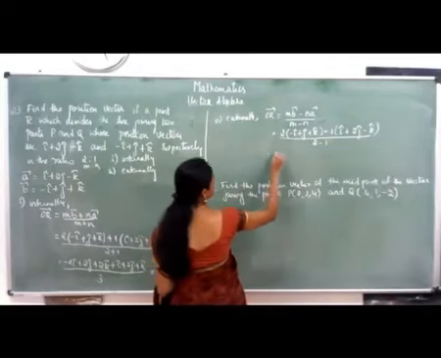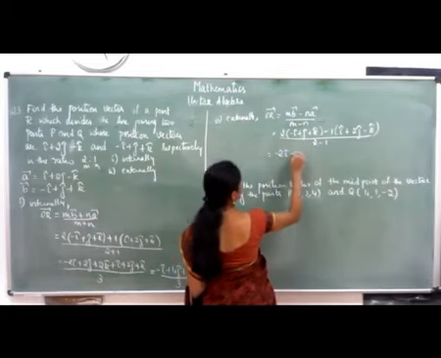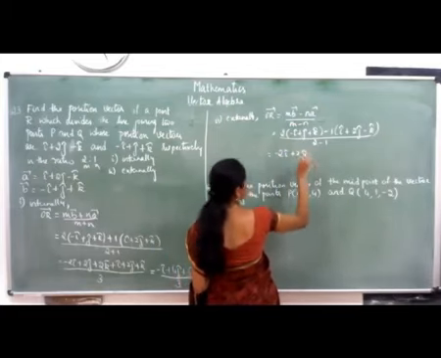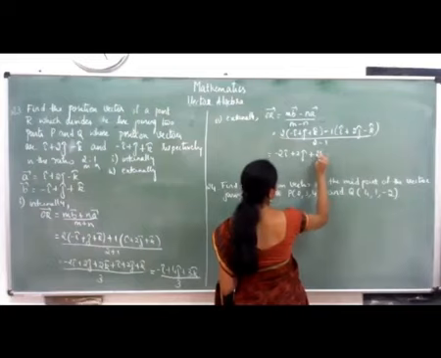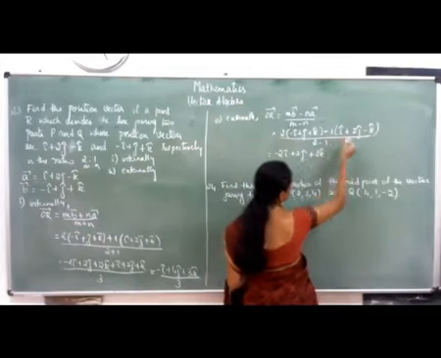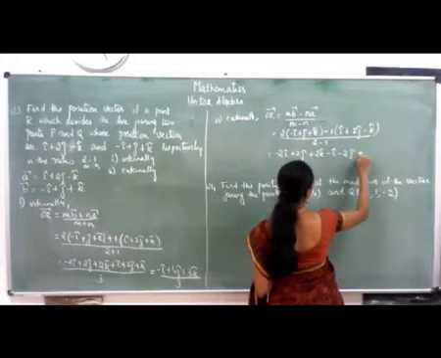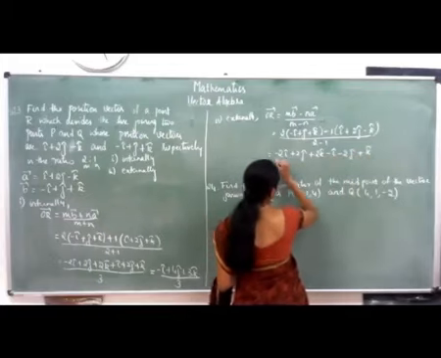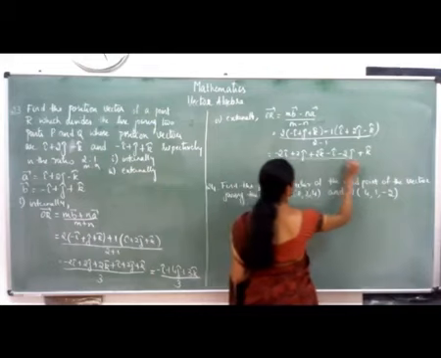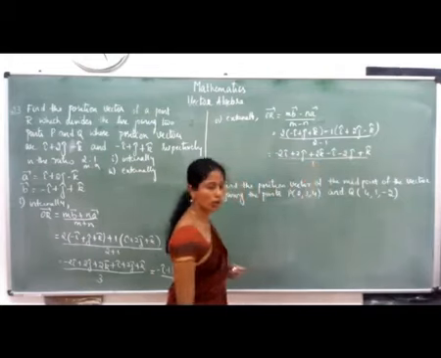Therefore, this is equal to minus 2i cap plus 2j cap plus 2k cap, then multiplying the minus 1 inside, minus i cap minus 2j cap plus k cap, divided by 2 minus 1, which is equal to 1.